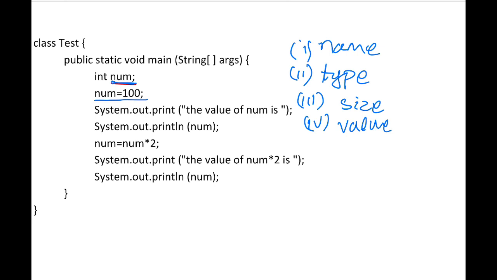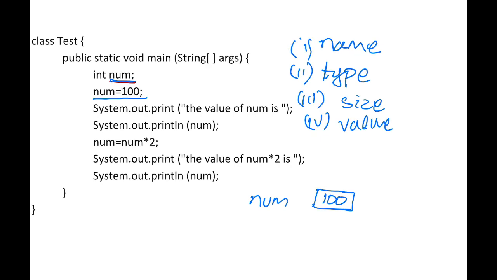So the variable is like a box and its name is num, the name of the box is num, and when we execute num equal to 100, the value 100 is placed into the box. Now after execution of this statement, num equal to num multiplication 2, the value of num is updated to 200, like the 100 is overwritten by 200. Now the value of num becomes 200.